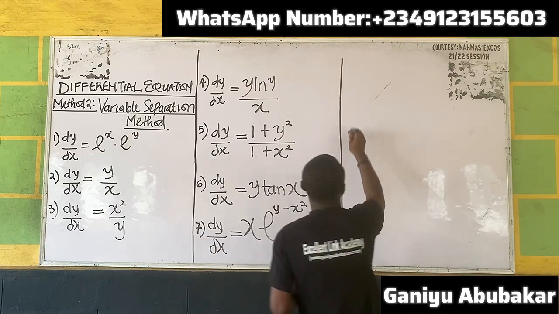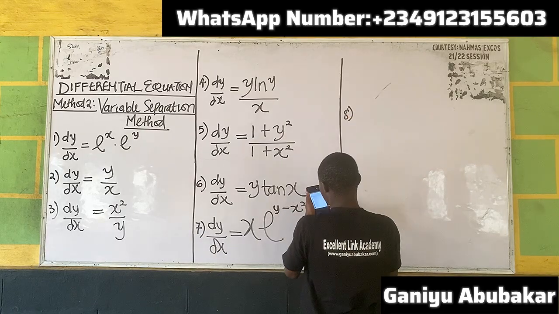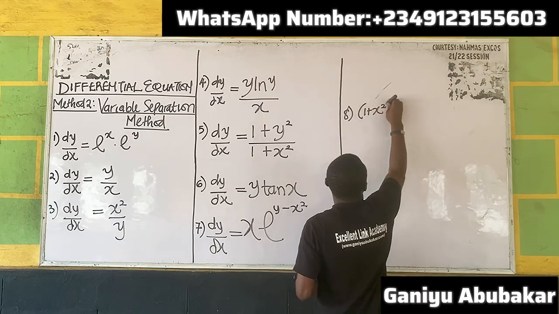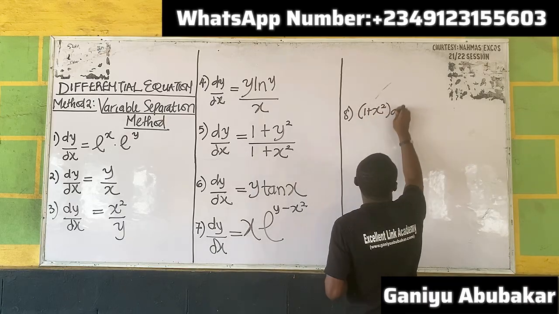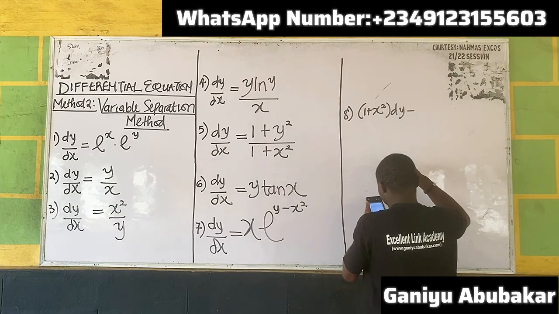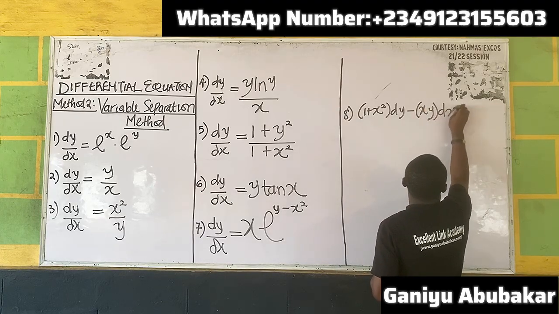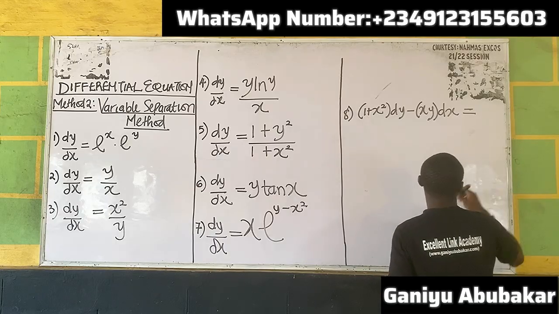Finally, we look at the final example: 1 plus x squared dy minus xy dx is equal to 0.